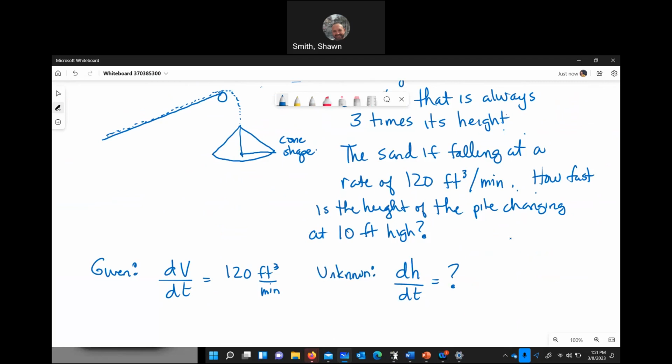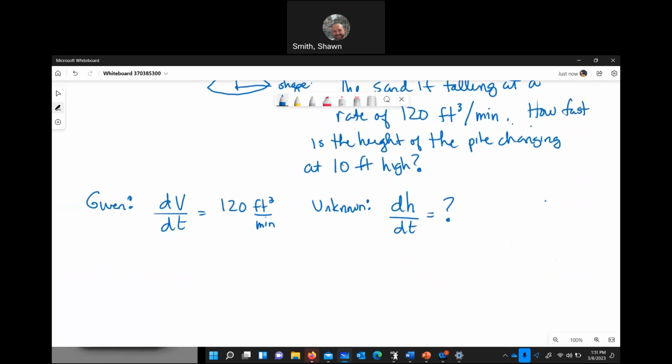Right, so there is a formula that relates volume, height, radius, and all that kind of stuff. Volume of a cone. I probably don't remember.